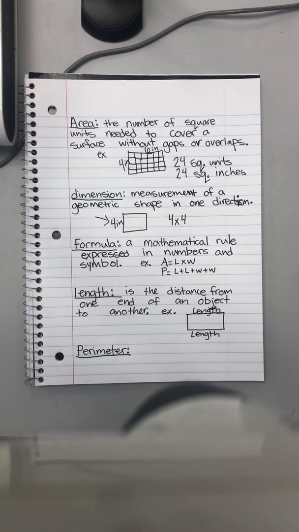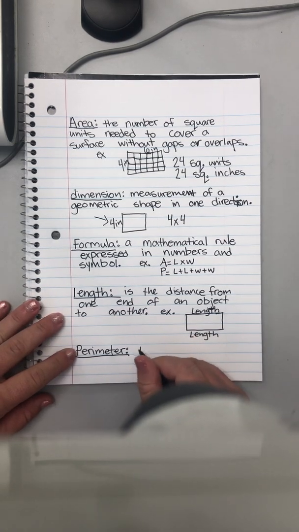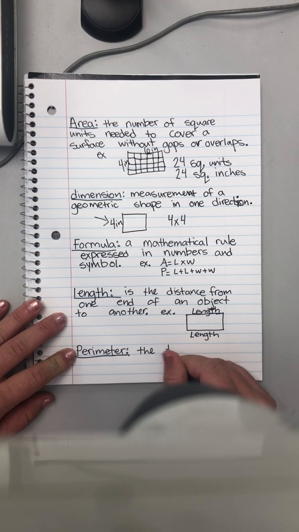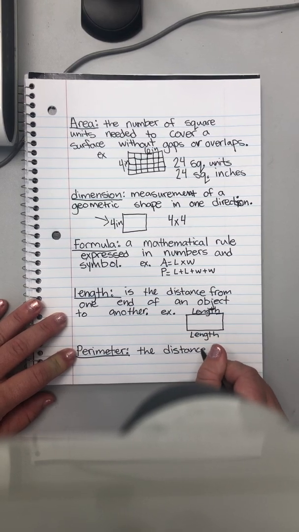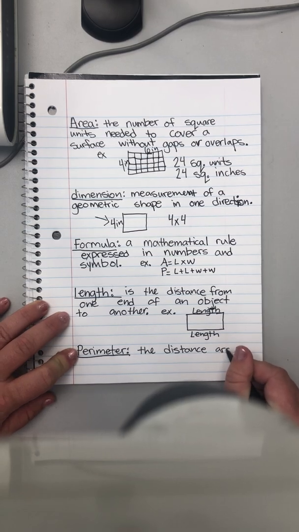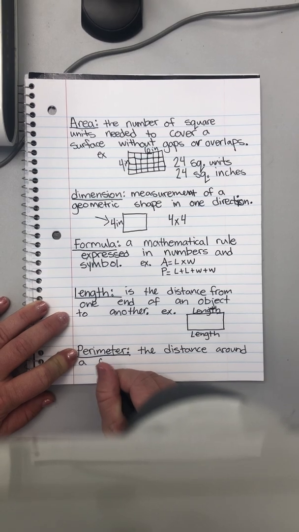All right, perimeter. What is the perimeter of an object? A perimeter of an object is the outline. The outside. So it's the distance around a closed figure.